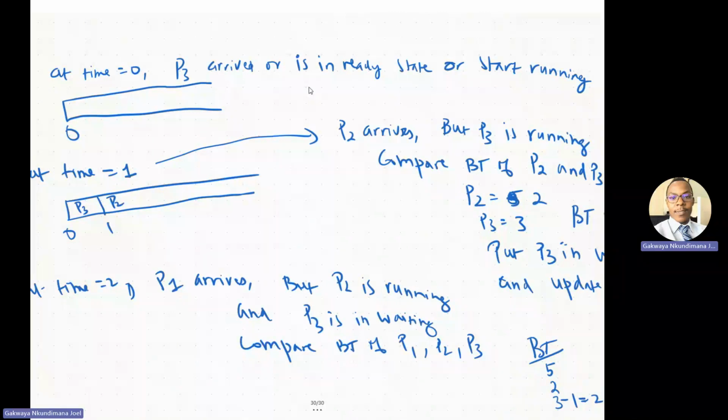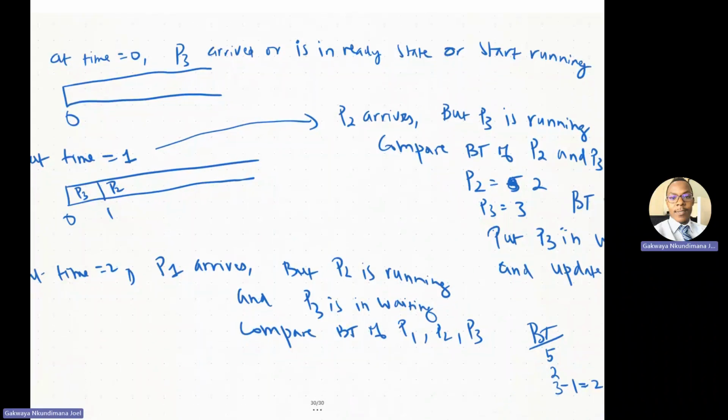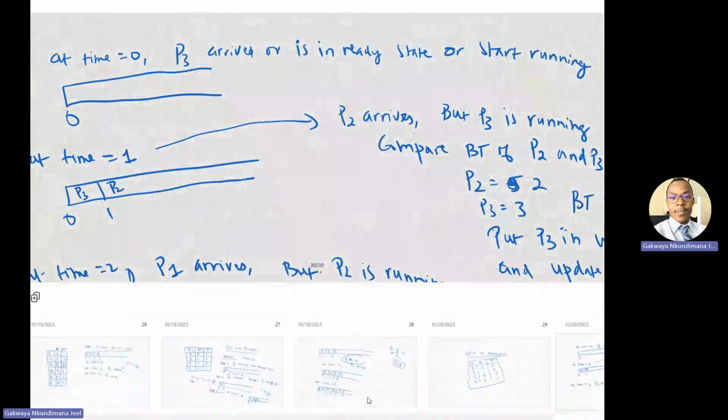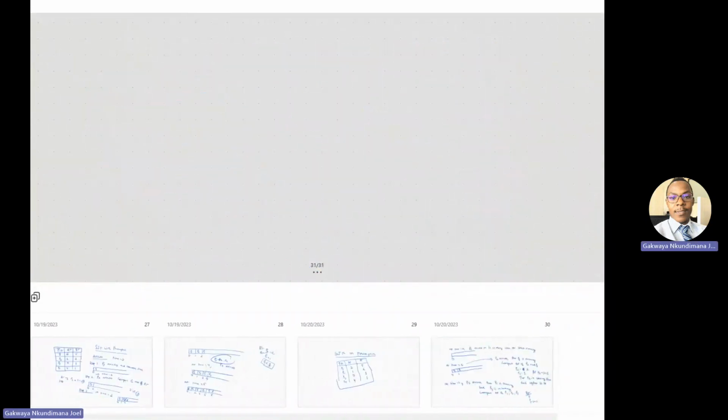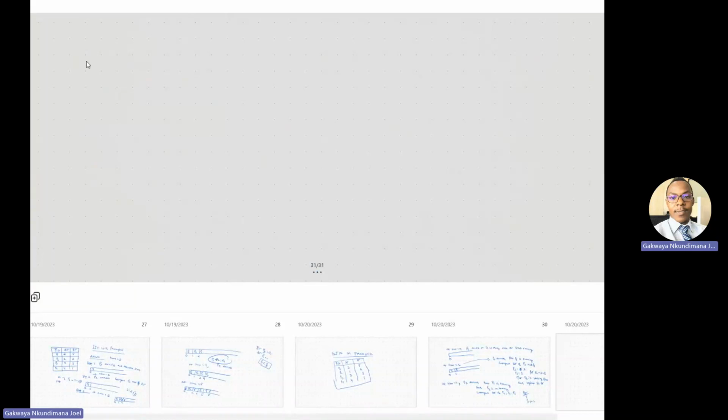So when the burst times are equal, what do you do? You consider the process which has the shortest arrival time.